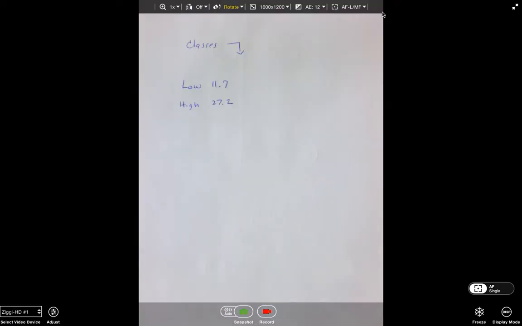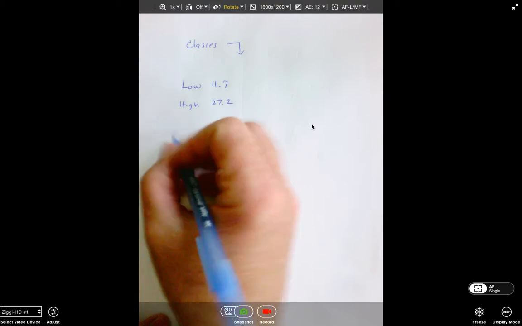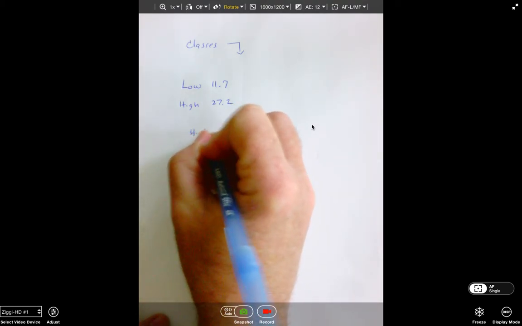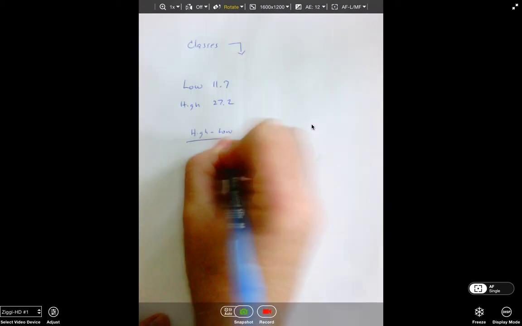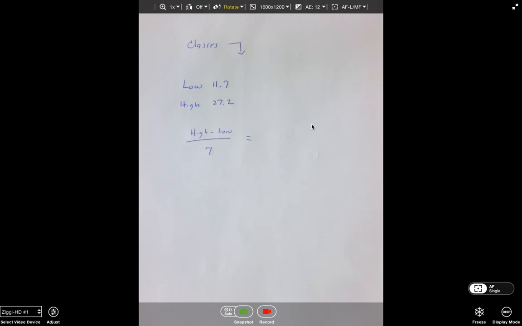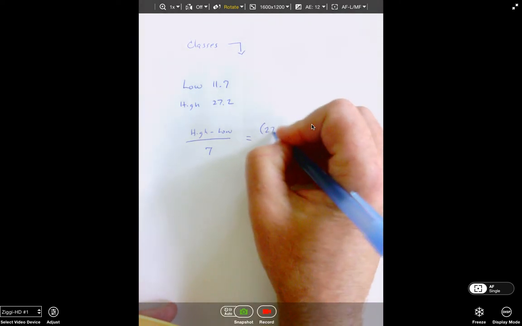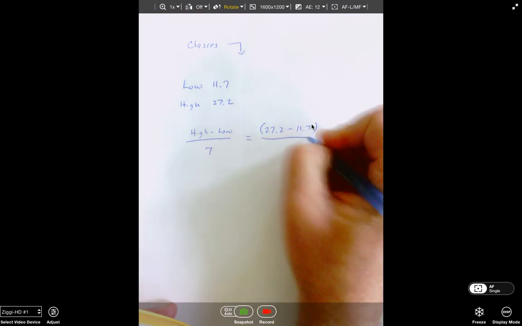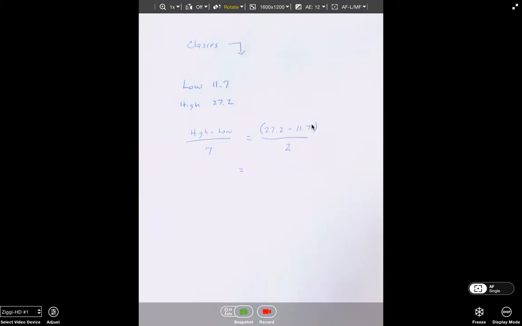All right, so to create my classes, I would take my high minus my low, divided by 7. Make sure you put this in parentheses. Now, you're probably thinking, well, why 7?